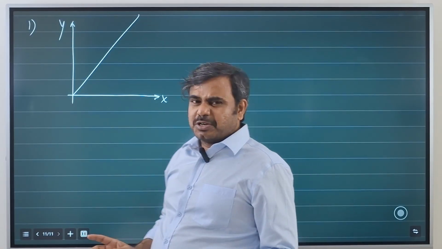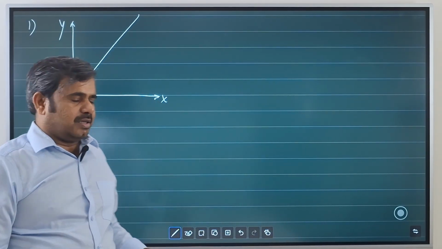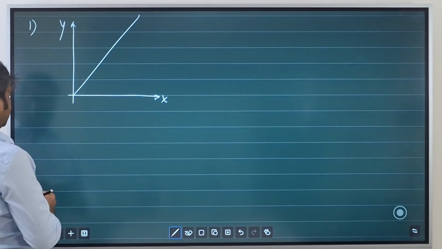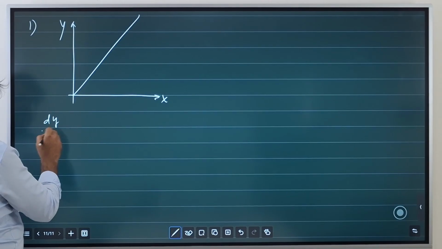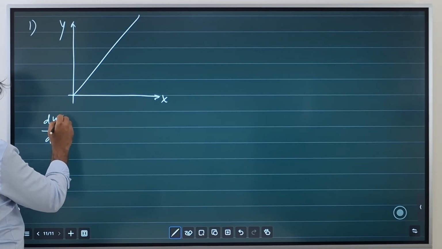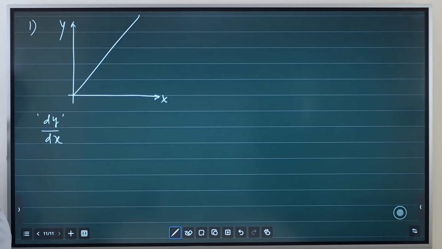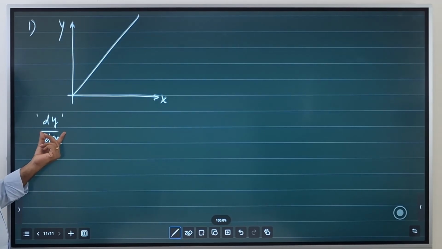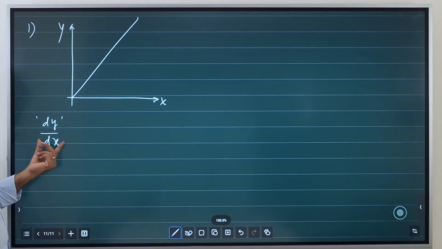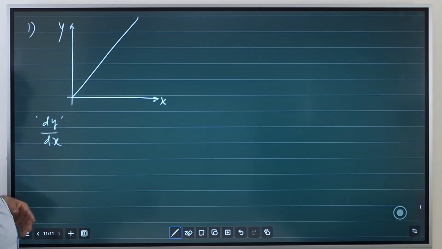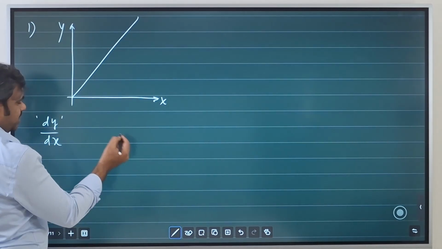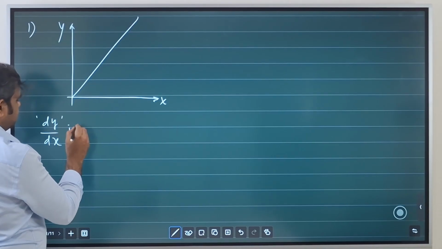But what is happening to the rate of increase in y as x is increasing? What is happening to dy by dx? Because when change in x is positive, change in y is also positive, we would say slope is positive. dy by dx is positive.